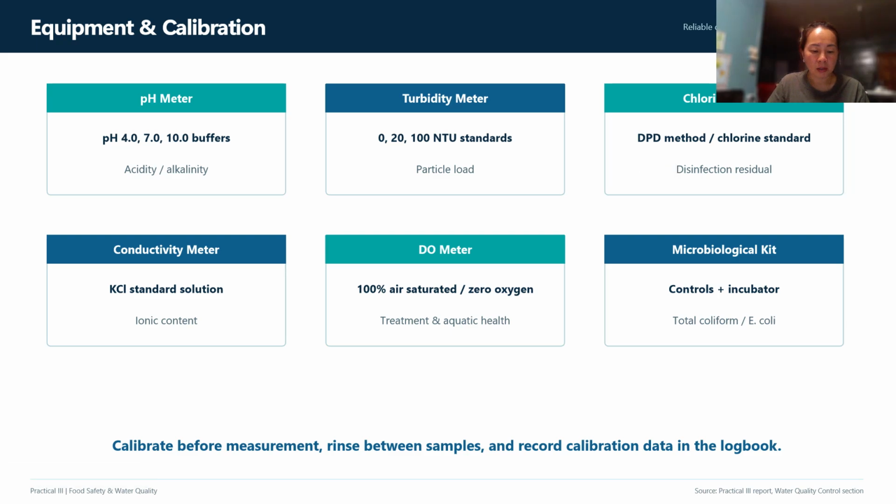The other equipment includes the conductivity meter, dissolved oxygen meter, and microbiological testing kit. All equipment should be calibrated before use. Each sample and the calibration result should be recorded in the logbook.